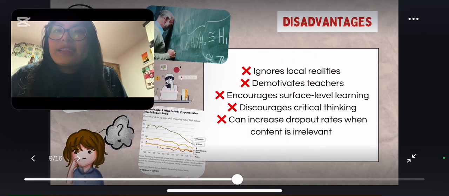On the other hand, disadvantages are that it ignores local realities, demotivates teachers, encourages surface level learning, discourages critical thinking, and can increase dropout rates when content is irrelevant.